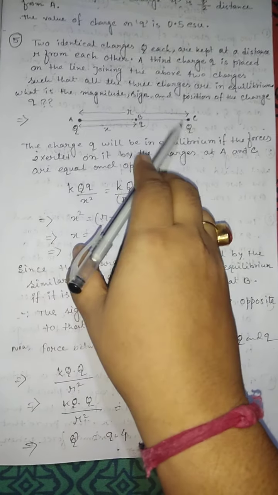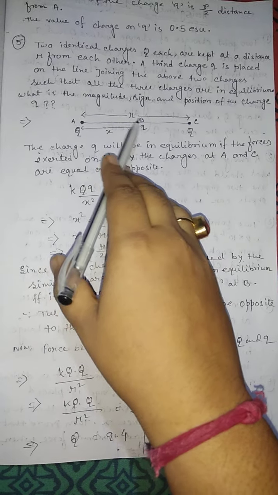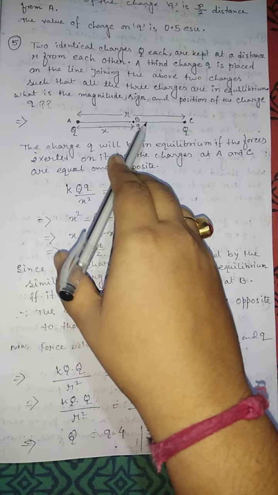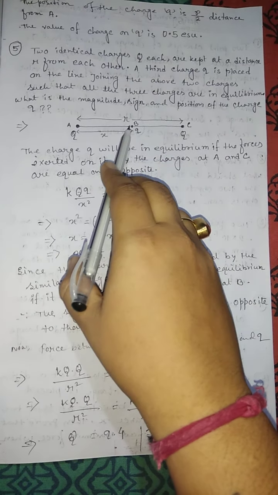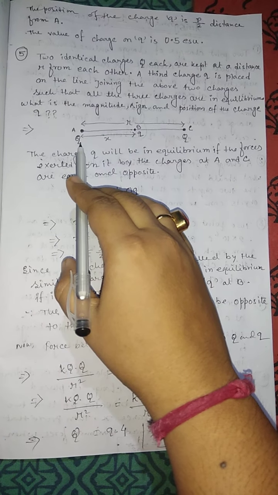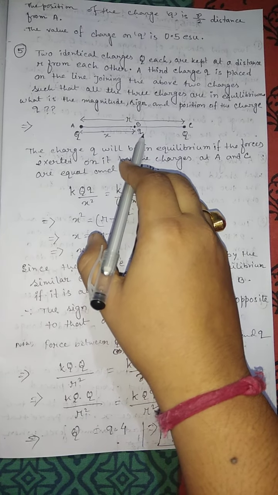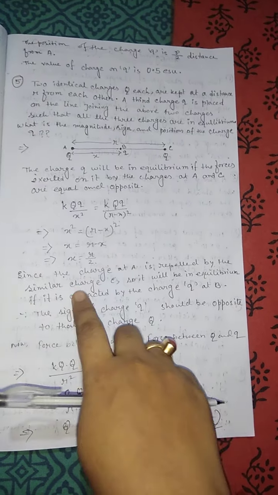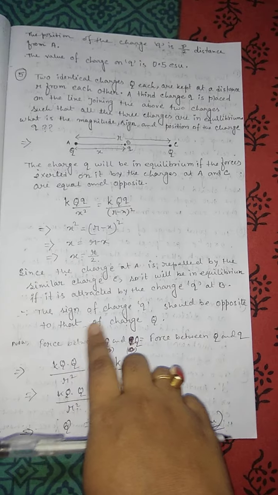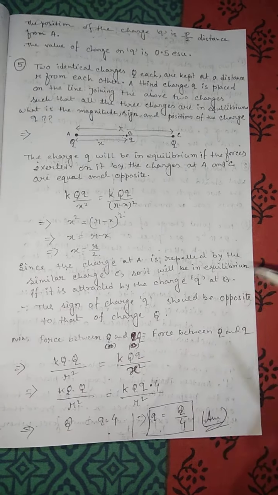So whatever the charge, if these two charges are positive, this q will be negative because it is in equilibrium. Okay, and if these two charges are negative, then q must be positive. So whatever the charge of capital Q, the charge on small q will be opposite. So the sign of charge q should be opposite to that of charge Q. And this is the position.